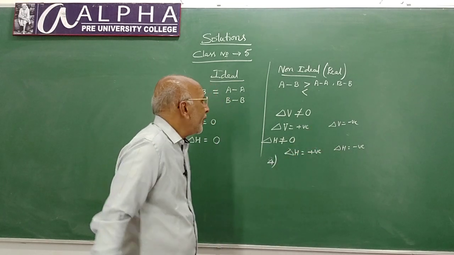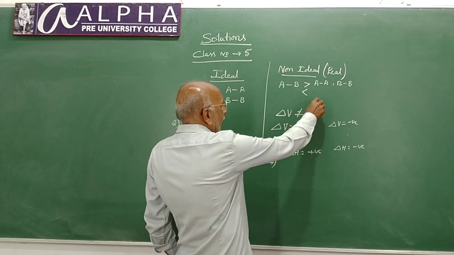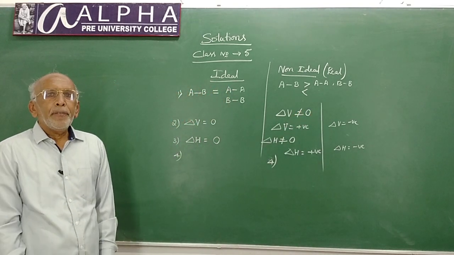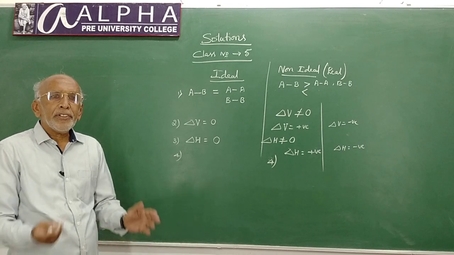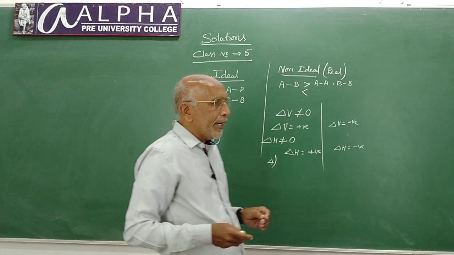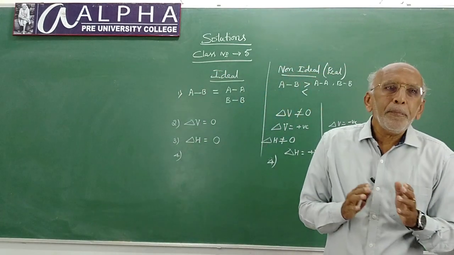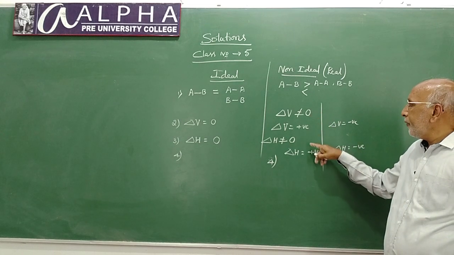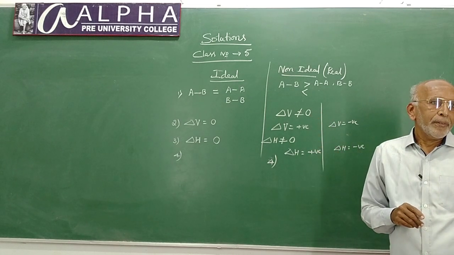And see, these points of non-ideal solutions indicate non-ideal solutions are of two types. Some non-ideal solutions show positive deviation from Raoult's law.